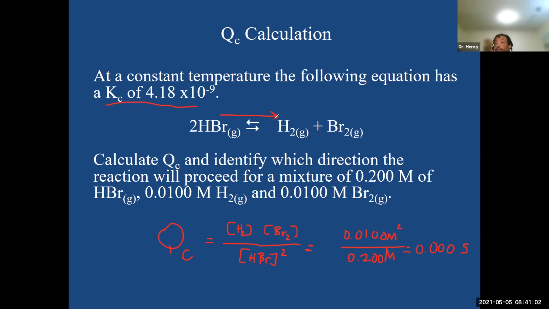And so it's going to be driving the equilibrium towards the other direction to try to get favorability of the product. Does that make sense? Okay.